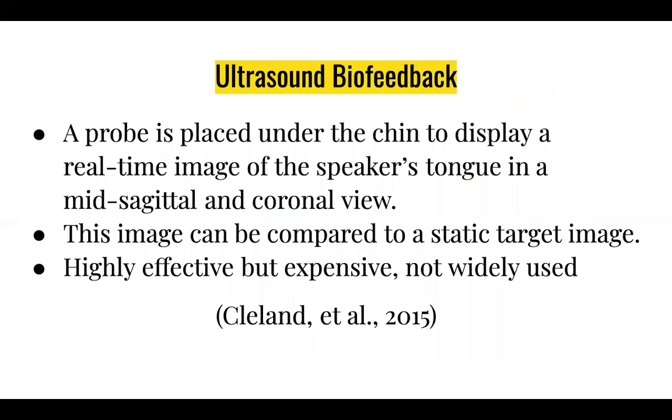So this has to be done accurately. There's a lot of shadow in ultrasound, so it takes a little bit of technique to get it where it needs to be so you can clearly see the tongue. But then this image can be compared to a static target image. It's highly effective, but again, expensive, not widely used as of now.